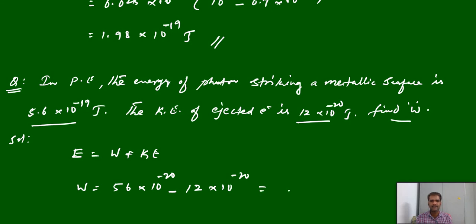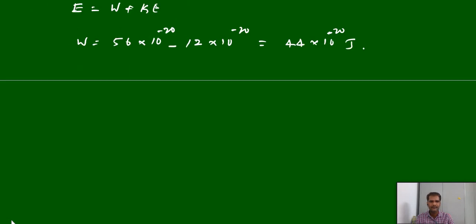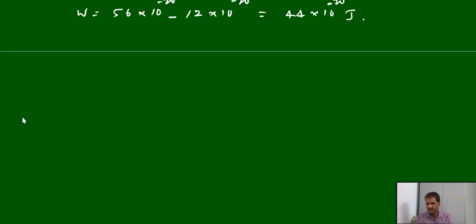How much will we get? This is 44 into 10 power minus 20 joules. A very basic question. One more question here.